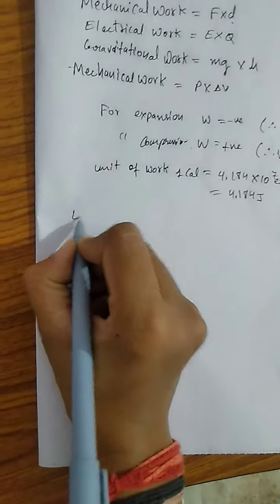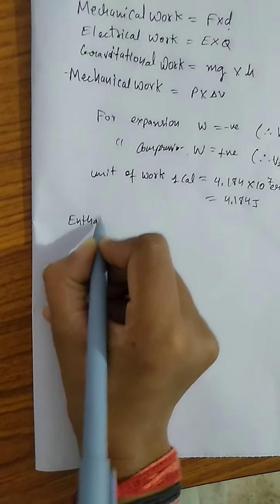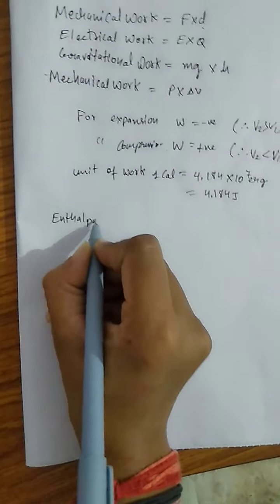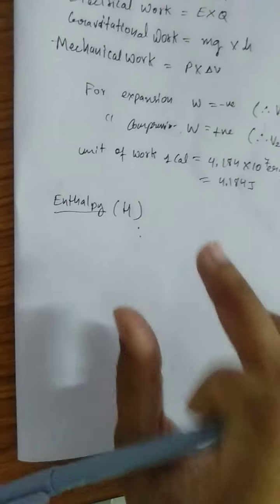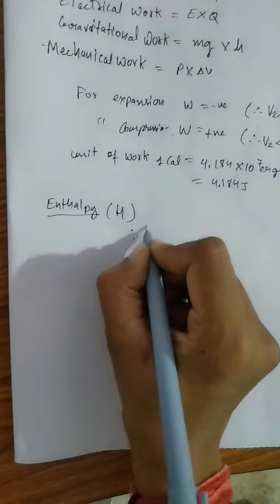Now enthalpy. Since we know that enthalpy is represented by H, and enthalpy is defined as the total heat content of the system at constant pressure. So how can we write this?